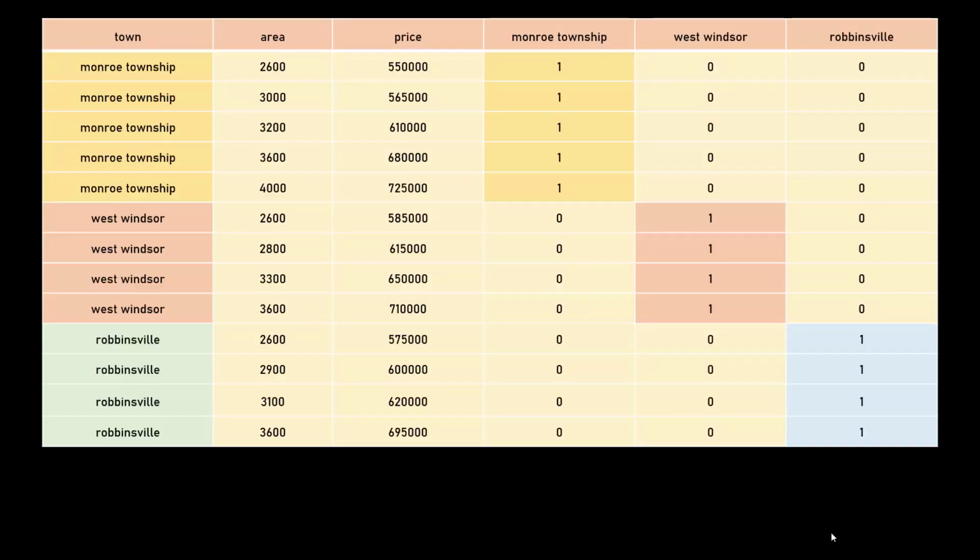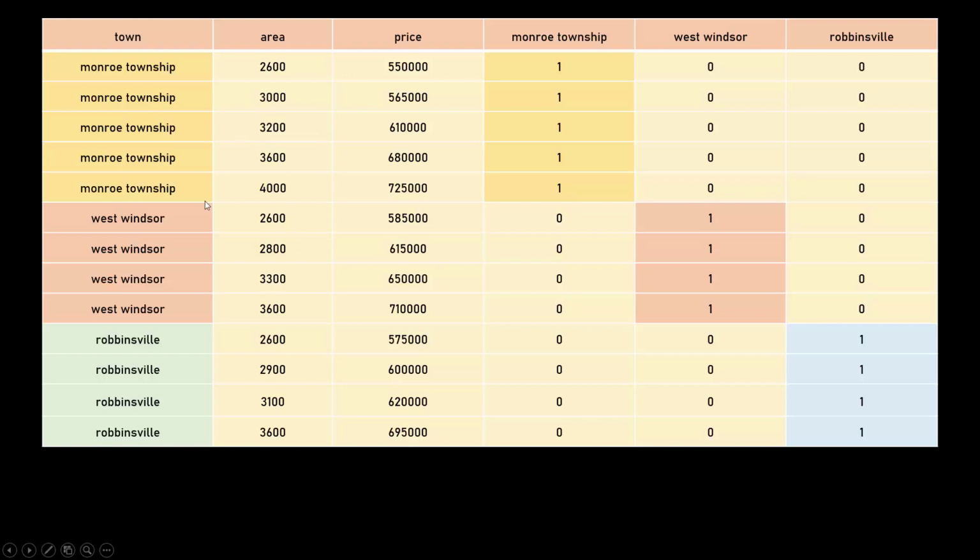We also had a tutorial on one-hot encoding in my machine learning series, where we replace the text data with numeric data. Here the text data is town. So these are the property prices in different towns in the state of New Jersey. And when you want to build a machine learning model, the model doesn't understand text, so you have to convert that into numeric values.